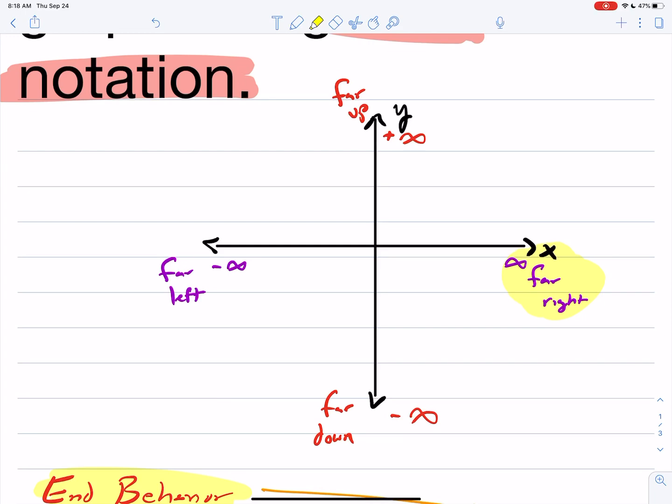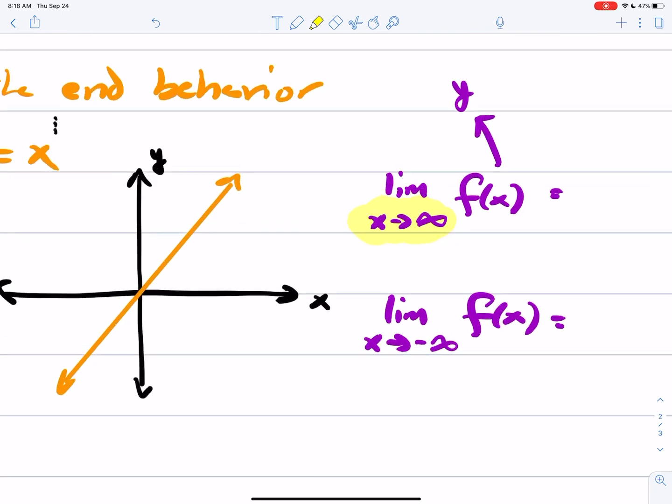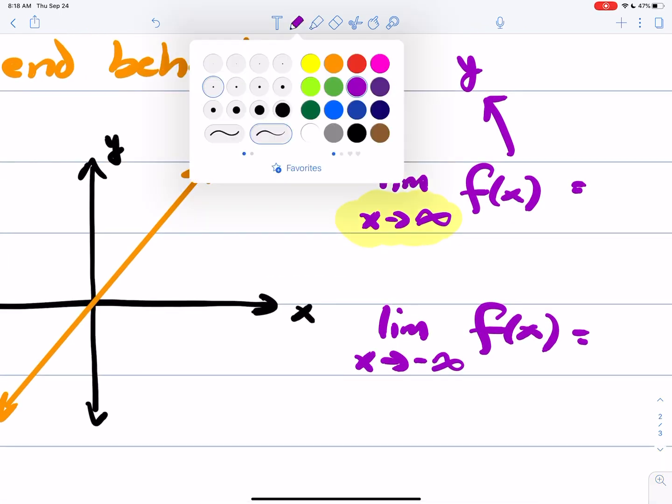And while you're following the graph to the far left or the far right, you're studying the y value to see if it goes far up or far down. So look, if we're going to the far right, I'll make a note right there so you can see it.